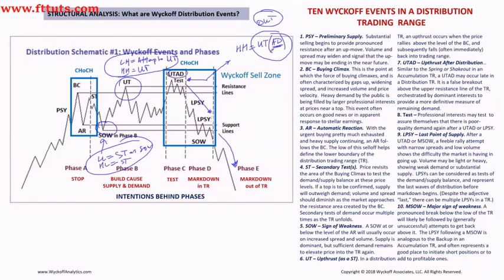An upthrust after distribution could also be tied with tests, or multiple tests that attempt to go up. And then a lower high in phase C will be labeled as a last point of supply. And then we are experiencing a change of character.